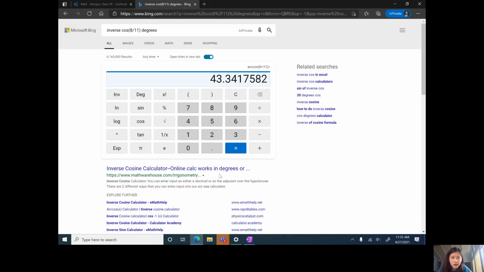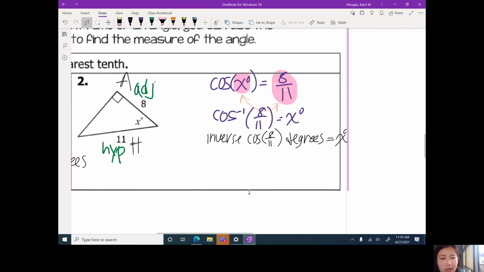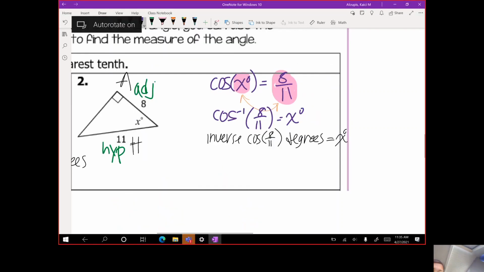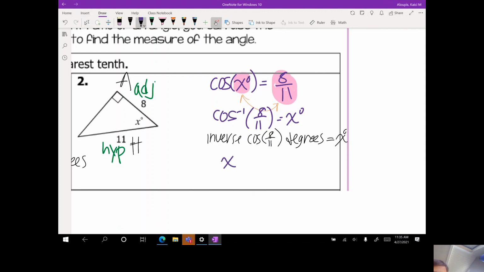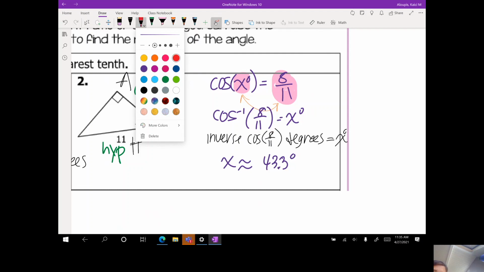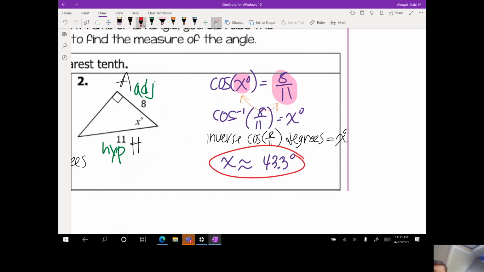And there we go, 43.3. This time we're rounding down to 43.3 because the next place value, the 4, is less than 5. So x is approximately 43.3 degrees. There's my answer, and that's it for number 2.